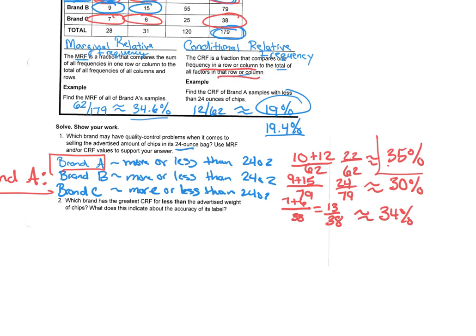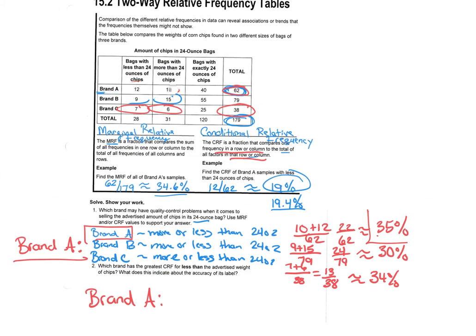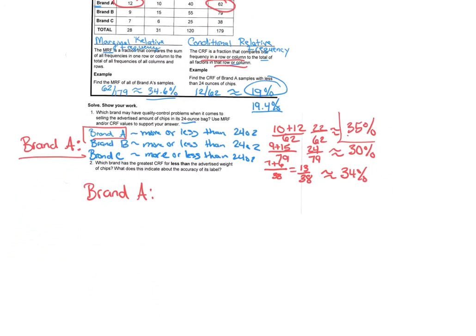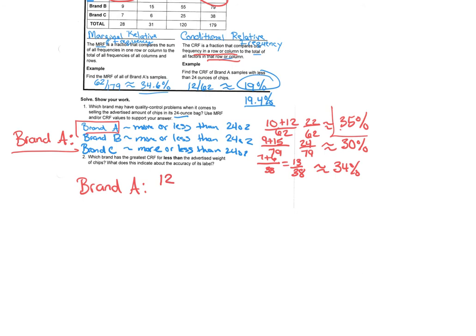So if we look at brand A, if we go back up to our chart, brand A for less than the advertised would be 12, right? Out of the total of 62. That's what we're looking at, less than. So 12 out of the 62, which is about, if we round to the nearest whole percent, 19%.